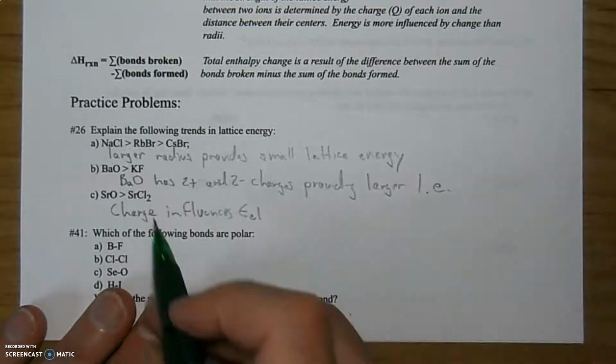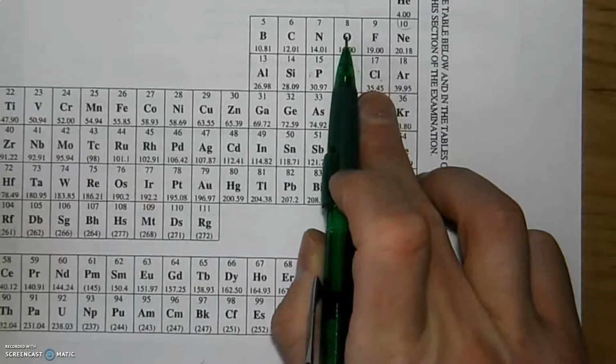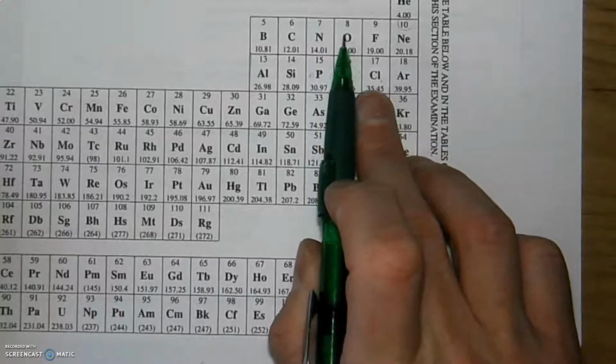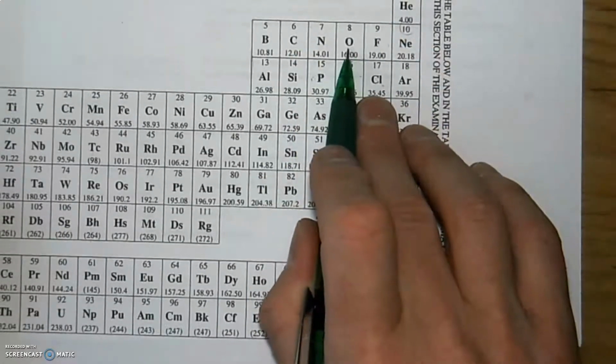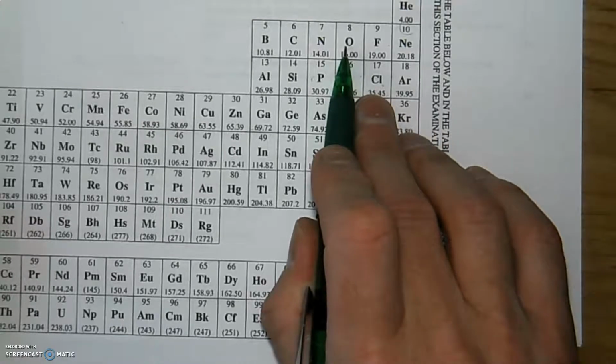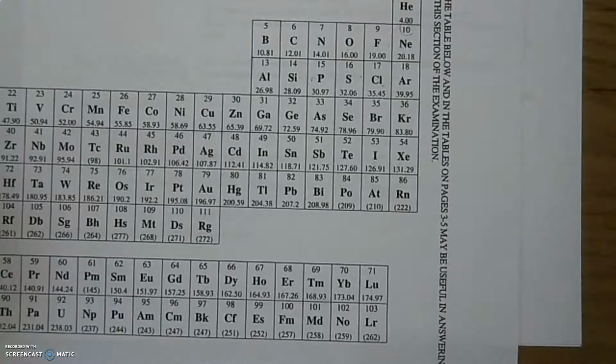factor. So chlorine, if we take a look at that, going back over, oxygen and chlorine, chlorine is smaller, I'm sorry, oxygen is smaller based on the fact that it is an energy level higher. So the size would also indicate that the smaller is going to be a larger lattice energy as well.